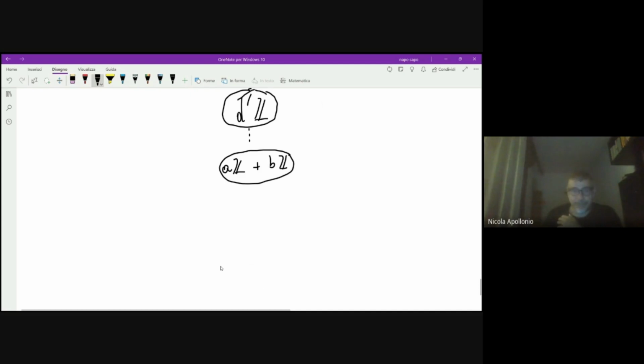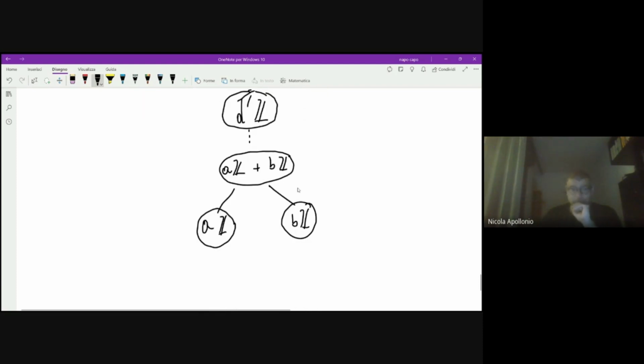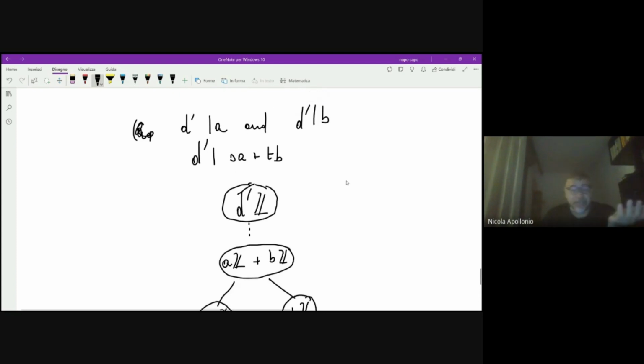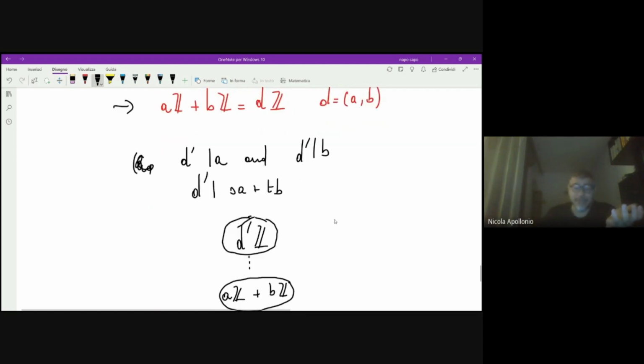And also, as we saw, that one and that one. So every common divisor of A and B is above the set of linear combinations of A and B. It's because we have just proved, we have seen, that if D is a common divisor, D divides any linear combination.